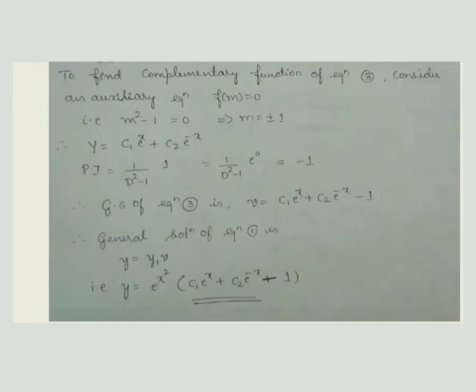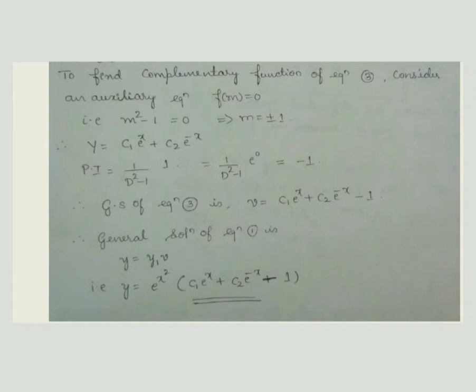So capital X is 1, or otherwise 1 by d square minus 1 into 1. 1 can be written as e power 0. E power 0 is 1. So now this is of the form e power ax. So what we have to take here, a is 0. So replace d square by a value now. So a is 0, so 1 by 0 square minus 1. So what will we obtain? Minus 1.